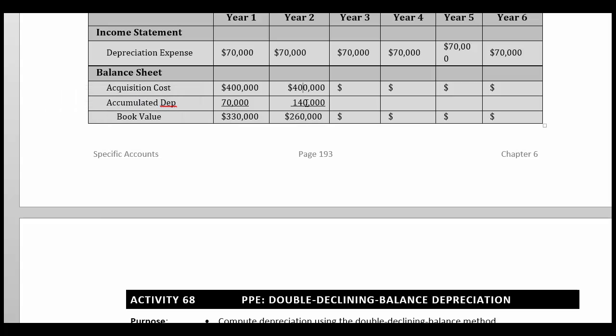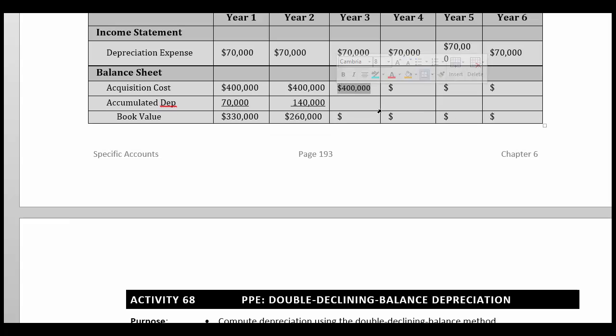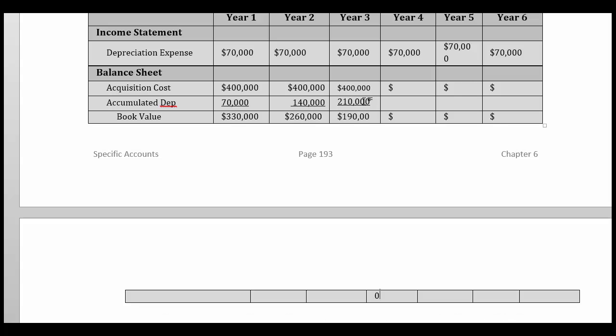Year 2, 400,000 minus 140 is 260. Year 3, 400,000 minus 210 is 190.